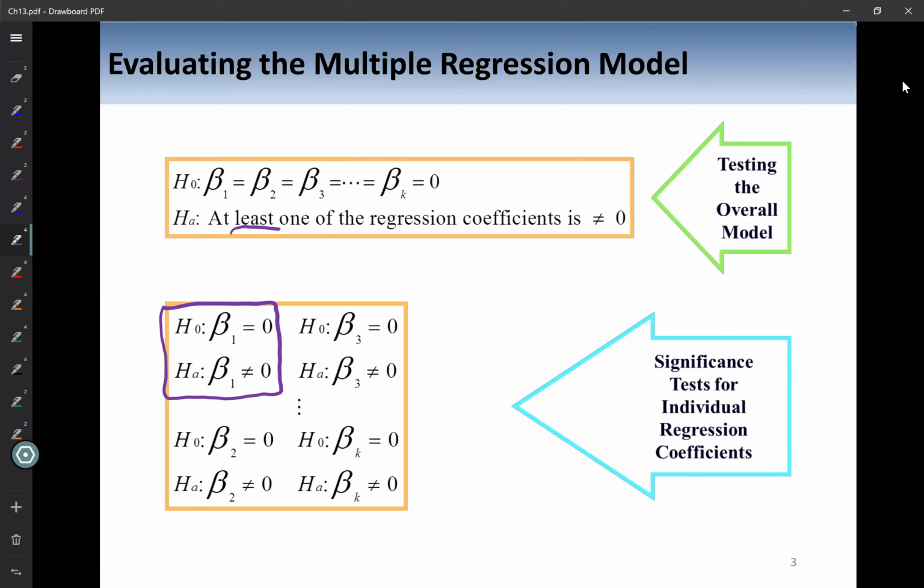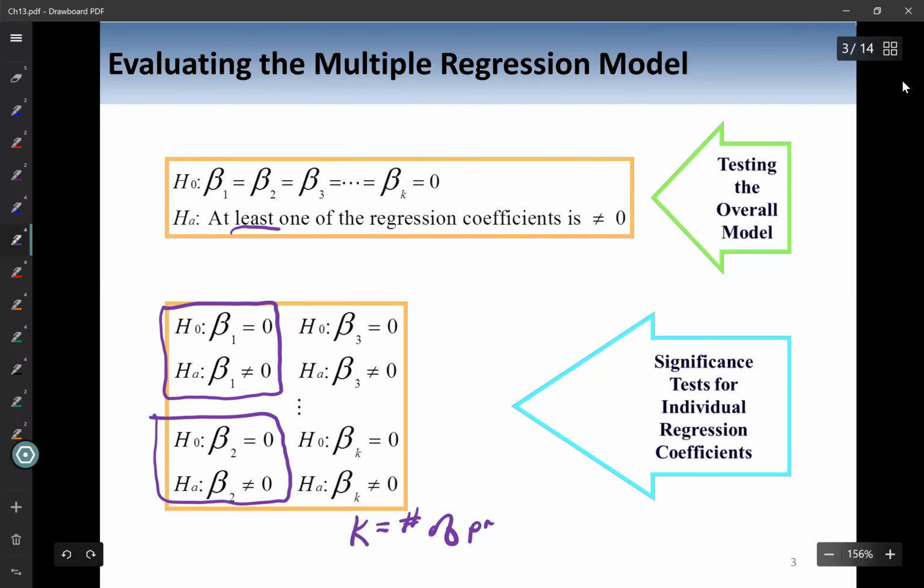So the null hypothesis would be the coefficient beta 1 is equal to 0 versus it does not equal 0. And then we could have beta 2, that's another test. So the null hypothesis is beta 2 equals 0 versus it does not equal 0, and so on and so forth, depending on how many predictors you have. So K in this case is the number of predictors in your multiple regression model.